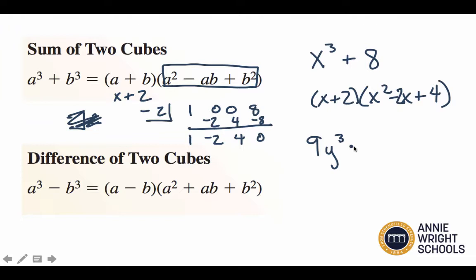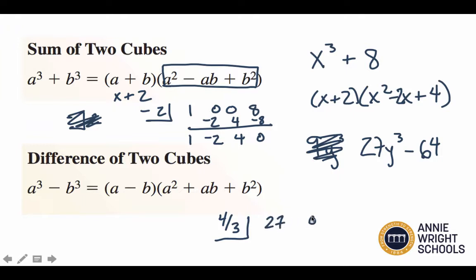It gets a little messy if I give you something with a difference of two cubes like this, 27y cubed minus, give me another cube, 64. That one's a little annoying because you have to remember that the 0 here that would work would be 4/3. In that case, 27, 0, 0, negative 64.